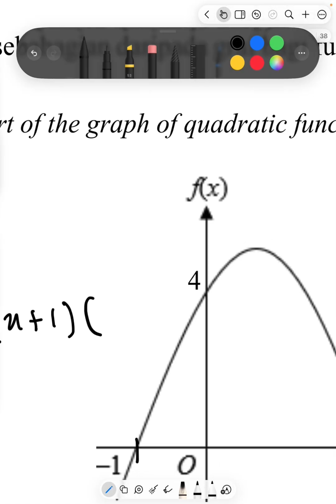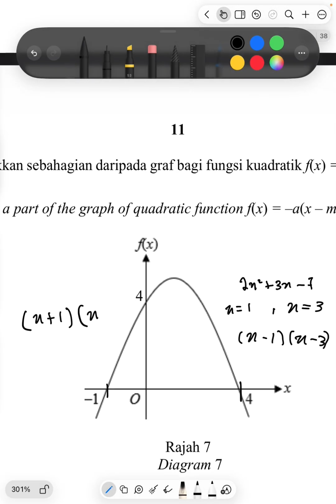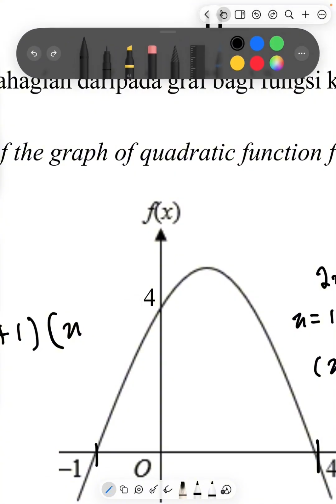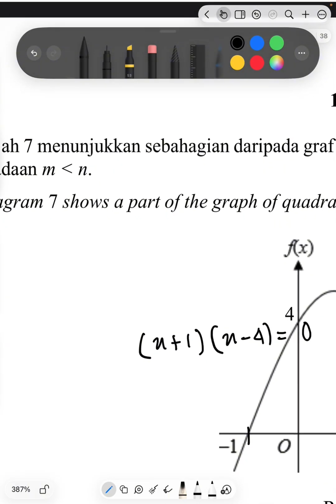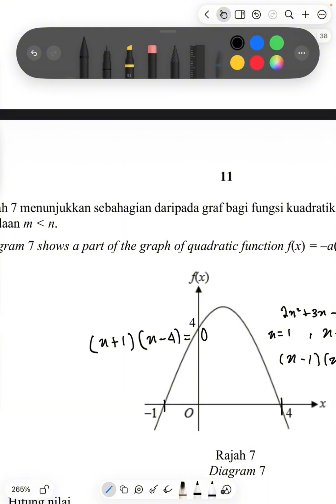Then bracket x minus 4. Oops, what's that? x minus 4 is equal to 0. So I already have the form of my quadratic equation.